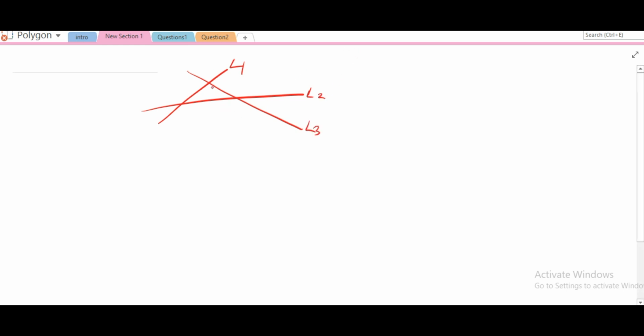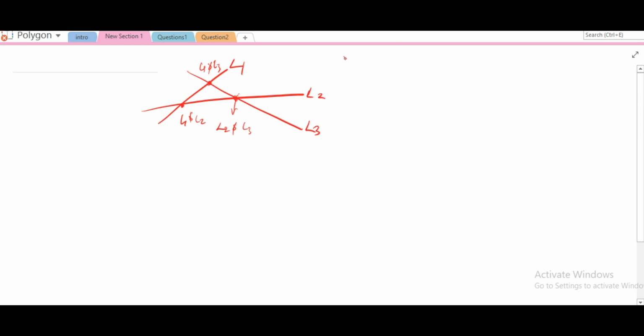You notice that each intersection here is only two segments: L1 and L3, L2 and L3, finally L1 and L2. So this is a polygon. It obeys the rule.